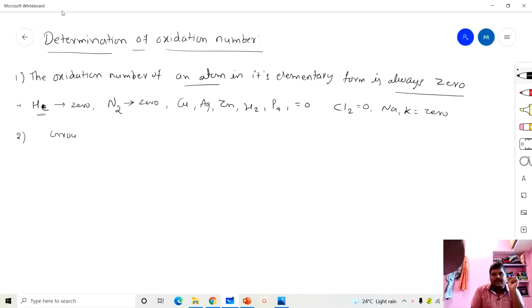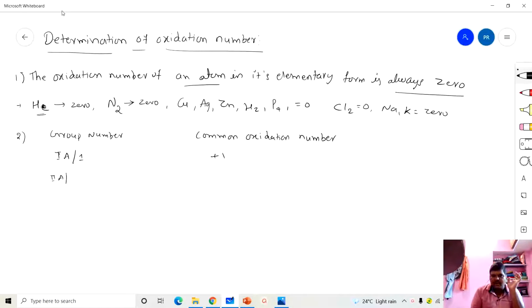Few important oxidation numbers, group number and common oxidation number. First group or 1A, its common oxidation number is +1.